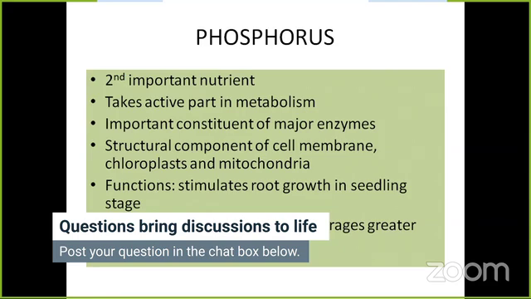It takes active part in metabolism. What is metabolism? It is conversion of food into energy or energy into food. When the food is consumed and broken down to form energy, that is food to energy.